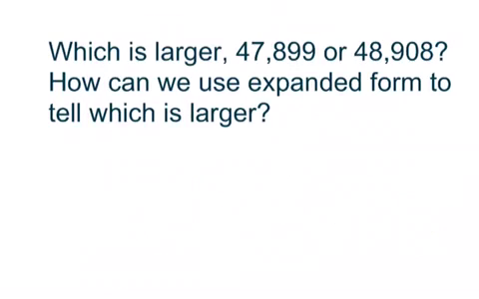So here's another question for you. When you look at these two numbers, 47,899 and 48,908, if I want to know which one's larger, how could I use expanded form to tell me that? So give that a thought. And let's take a look.